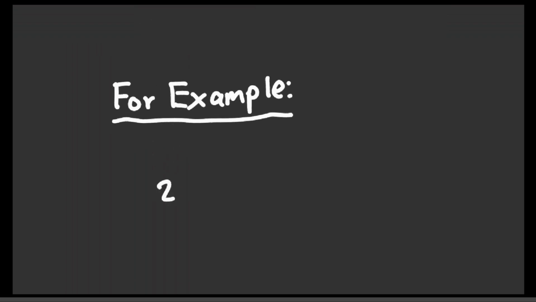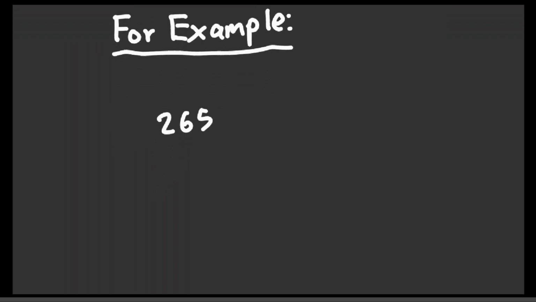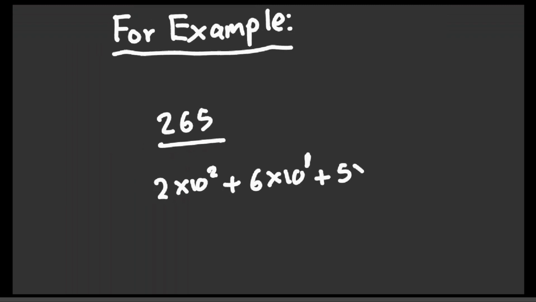For example, the number 265 can be written as 2 times 10 to the second power, as it's in the third position, plus 6 times 10 to the first power, as it's in the second position, plus 5 times 10 to the 0th power, as it's in the first position. And that, obviously, since it's already in base 10, just sums to 265.